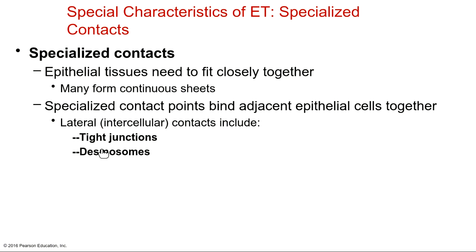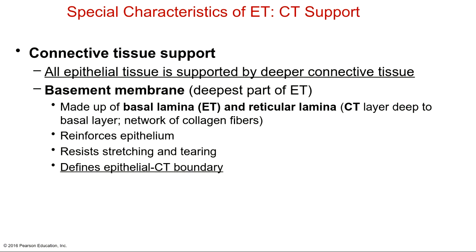Desmosomes are a second type of specialized contact. It's basically a complex of structures that serves to connect epithelial cells together. Tight junctions also, but desmosomes really are more complicated, and we are going to mention a little bit more about them.